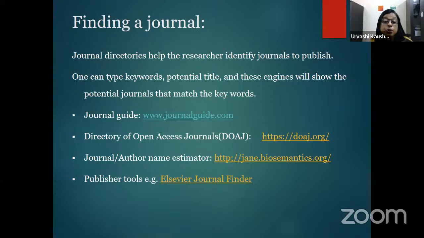Once you have done so, these sites would suggest which journals to send the paper to, because they will try and match the title, keywords or abstract of your article with the scope of the journal. Which journal is accepting such articles can be easily told by these websites.